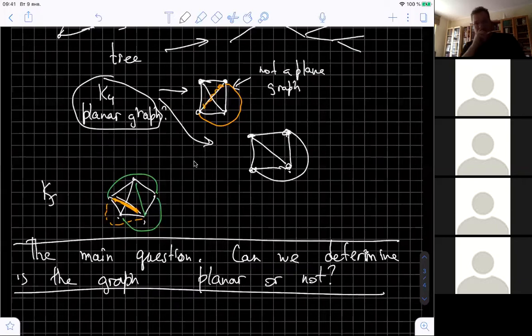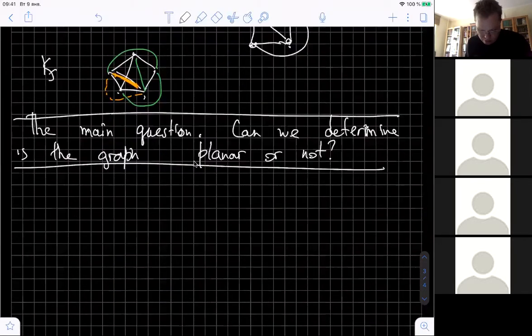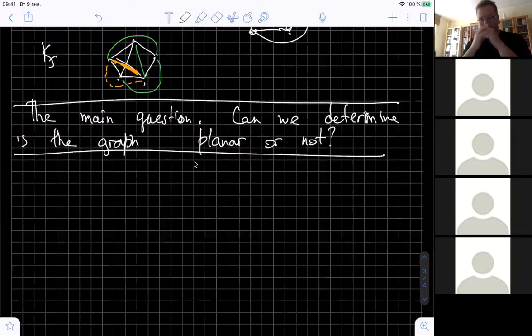Okay, so first we start with the plane graph and try to find some connection between the number of vertices and the number of edges.